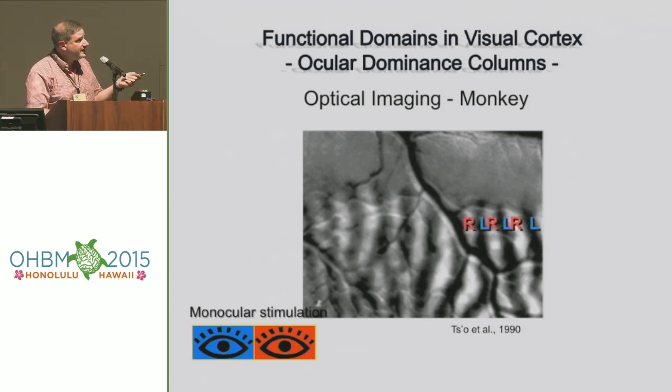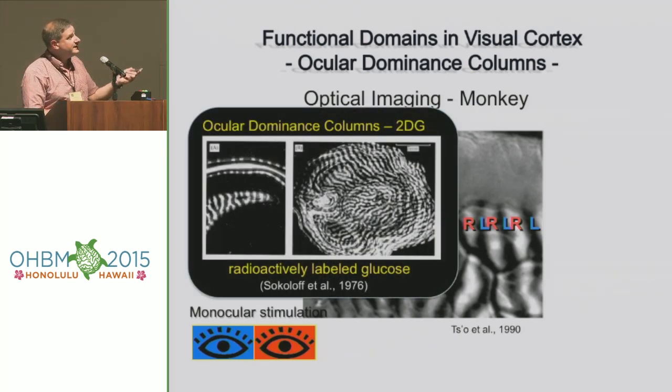And you can see these bands of left and right activation. This is once again based on hemodynamics. So that's ODC with optical imaging. And that was, of course, very nice, and it was validated by 2DG, which at the time was the gold standard for mapping functional activity.